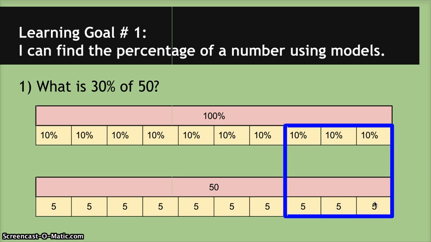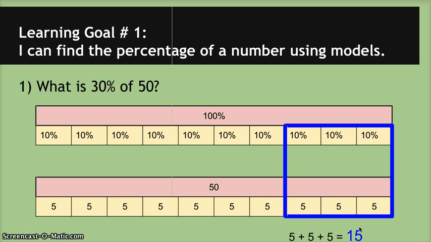Now we look at 30%. Well, it's just 10% and 10% and 10%, or 3 boxes, and that's the same thing as 3 boxes down here. So we have 5 plus 5 plus 5, which is 15.